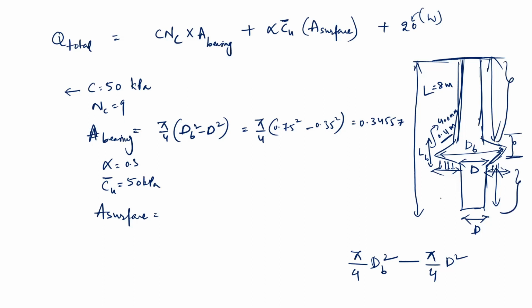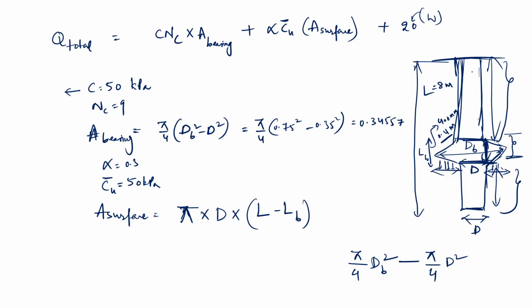So what is the surface area of the cylinder? The pile is nothing but a cylinder. Surface area is generally pi into the diameter of the pile into the length. The length is the total length minus the bulb length, so you are deducting this much height from the total length. That's how you will get the surface area.